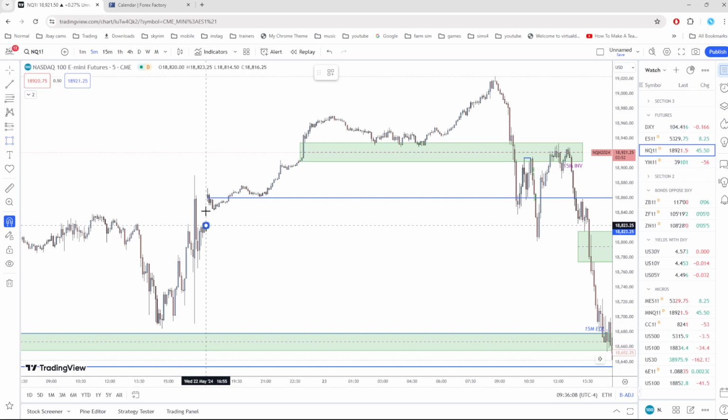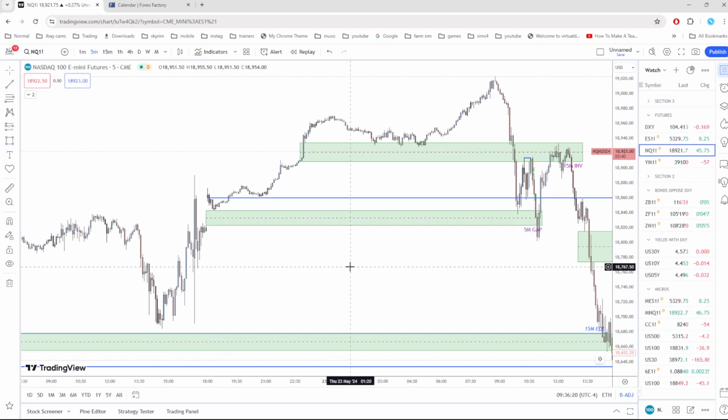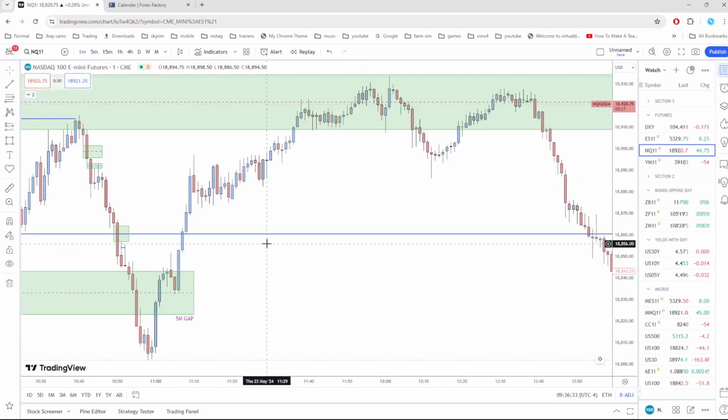Let's note this gap. Let's go back to 1 minute.